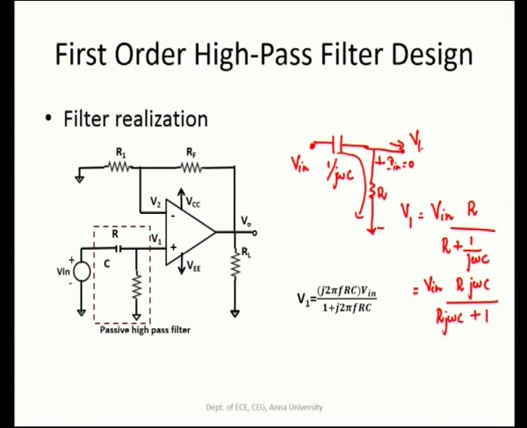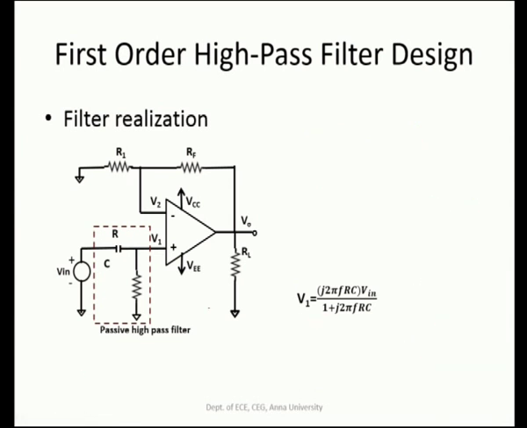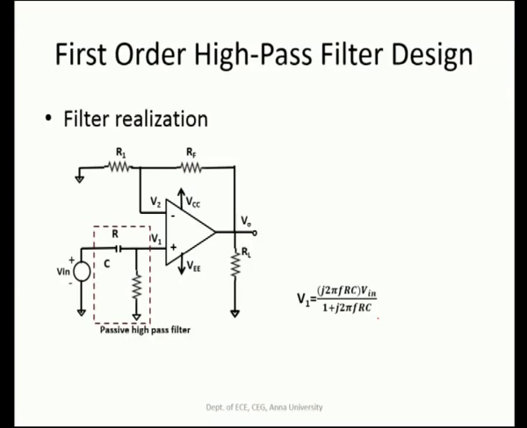That is the expression shown here. Omega is in radians per second, which we can express as 2 pi f, where f is in hertz. So, the terminal potential V 1 here is j into 2 pi f R c V in divided by 1 plus j 2 pi f R c.